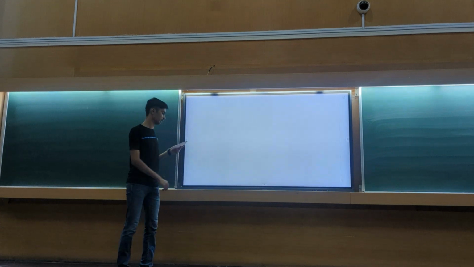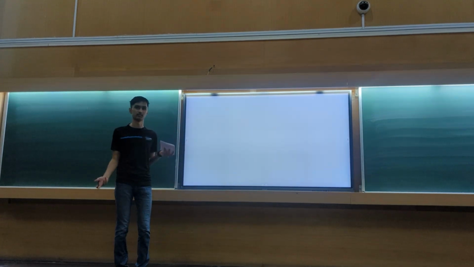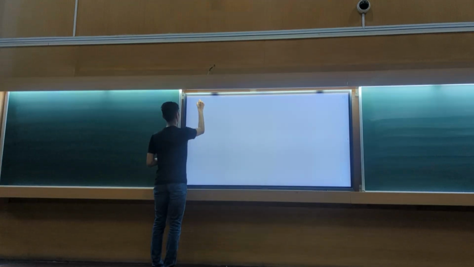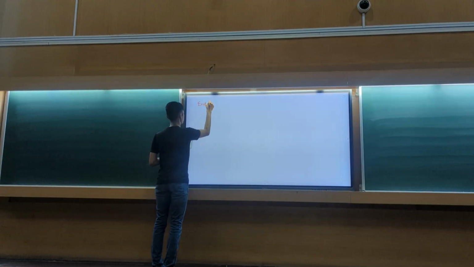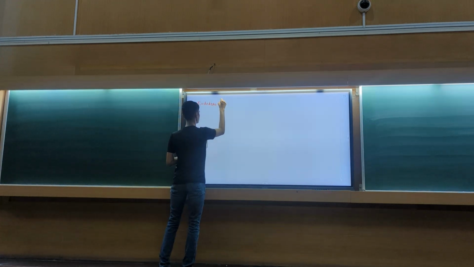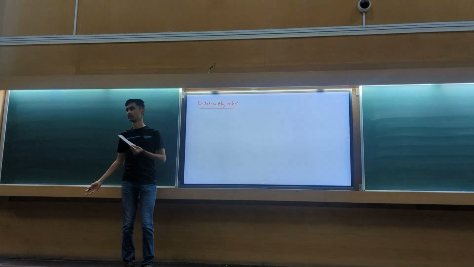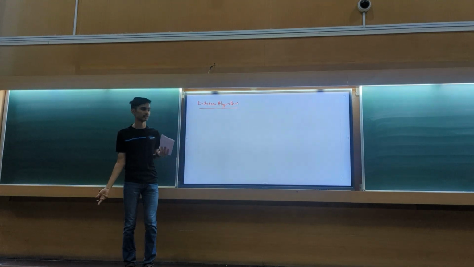Yeah, okay. Now I'll just go over the Euclidean algorithm. Everyone would have done it, but still. So the Euclidean algorithm is basically used to find the greatest common divisor of two integers.